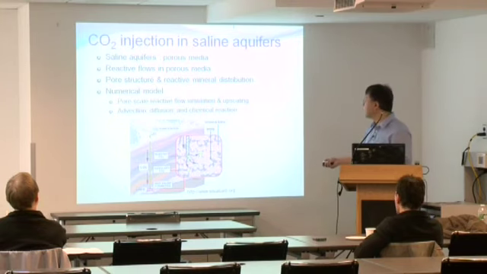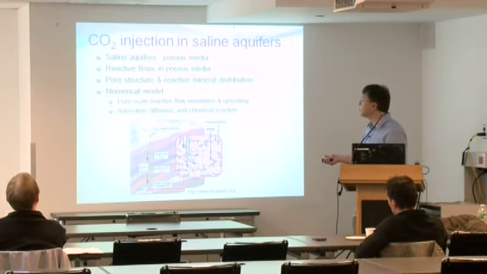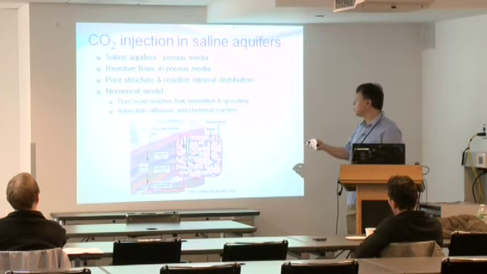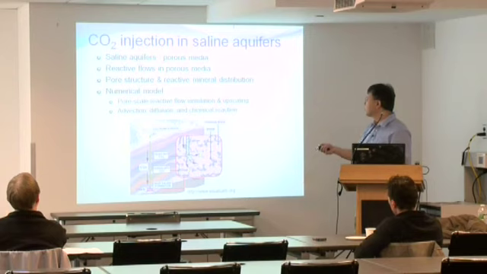So we have to understand the pore structures and reactive mineral distributions in these saline aquifers. So we need numerical models for pore scale reactive flow simulation and upscaling of geochemical reactions. These numerical models should include advection, diffusion and chemical reactions for the reactive flow simulations.